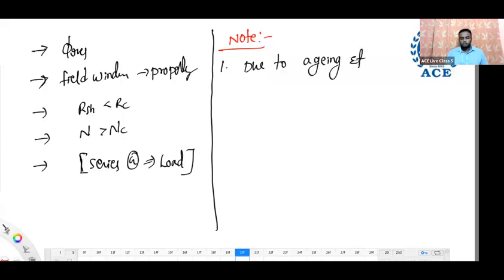Aging effect means if the age of the generator increases, as years increase, the strength of every material decreases. In the same way, residual flux is not permanent flux. Residual flux is a temporary flux. It will be present for some time, not permanently.